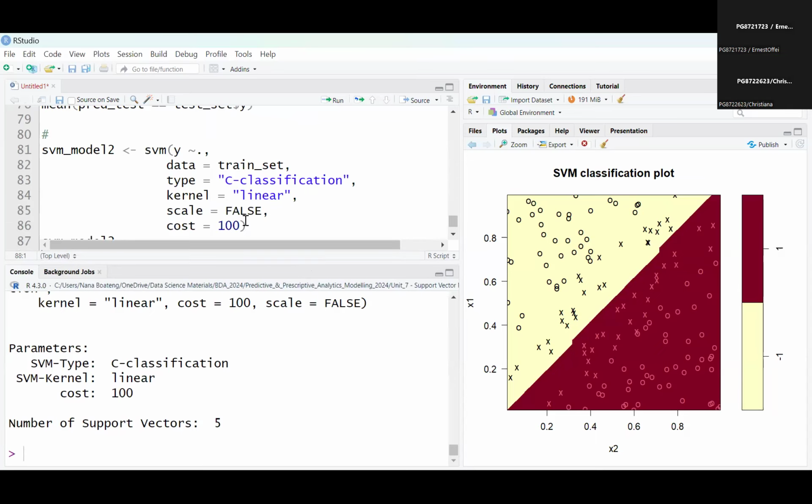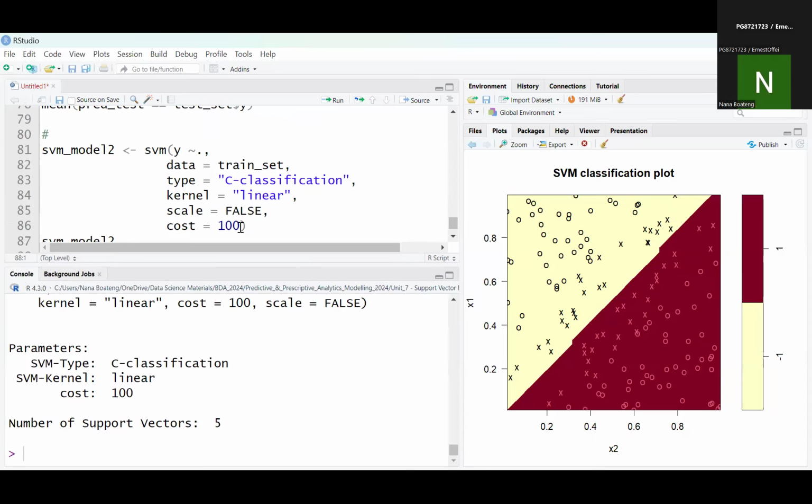When you increase the cost, it's a tuning parameter, it deals with the issue of support vectors, to the minimum. So in this case, we are better off using model 2 to do our predictions instead of model 1, isn't it? True.